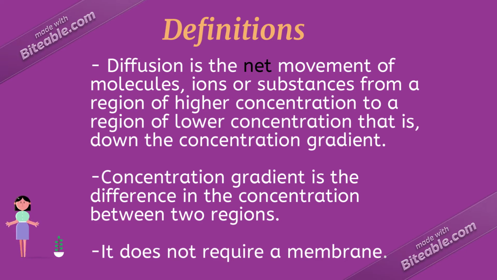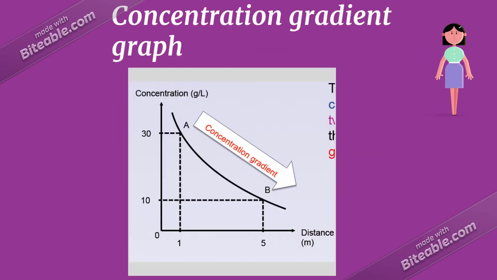Let us first understand this graph. This is a graph about the concentration gradient, which basically means the difference in the concentration between two regions. If you look at the graph, you can see that there's region A and then there's region B. Region A is at the top and region B is at the bottom.